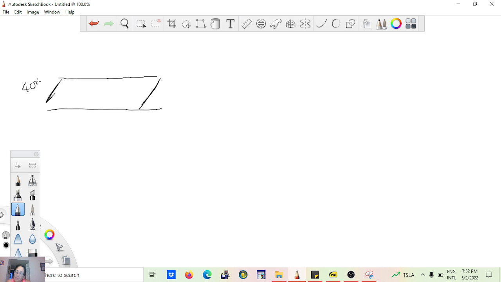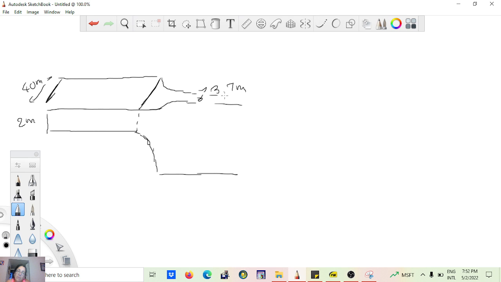So you have 40 meters wide, and there it's not that deep, it's only 2 meters. And then it gets narrow, really narrow. How narrow? It goes to 3.7 meters, and we don't know what's going to happen to the depth. Maybe it's going to be really deep. I don't know. We're going to find out.